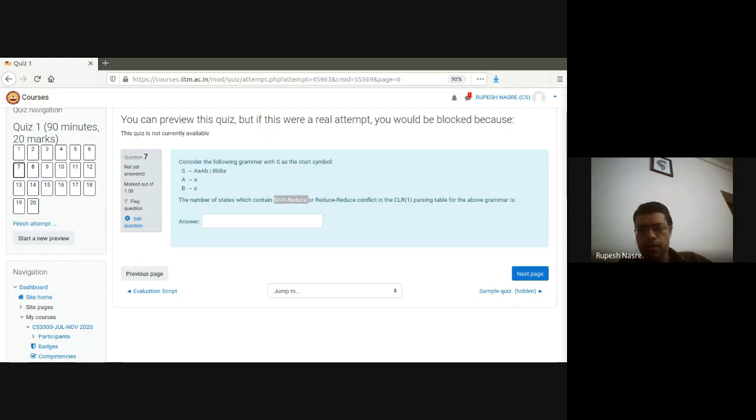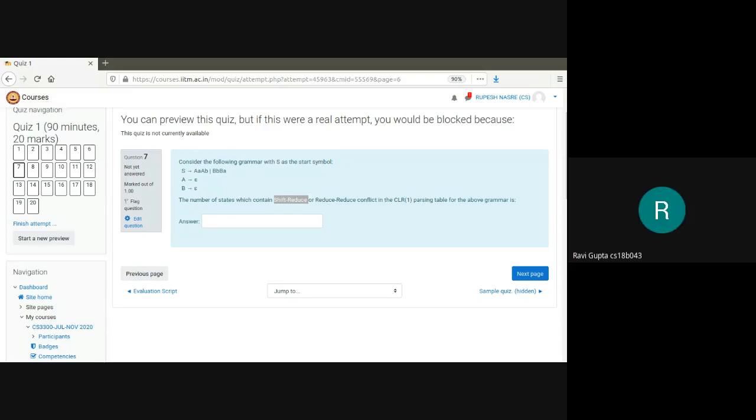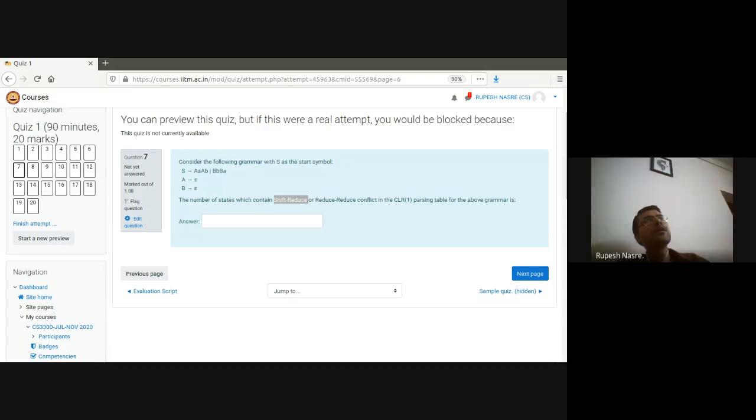Okay, many of you say I got 0 because Yacc passes it without any conflict. But for that reduce conflict to be there, you need to have A to epsilon and B to epsilon items in the same state, right?